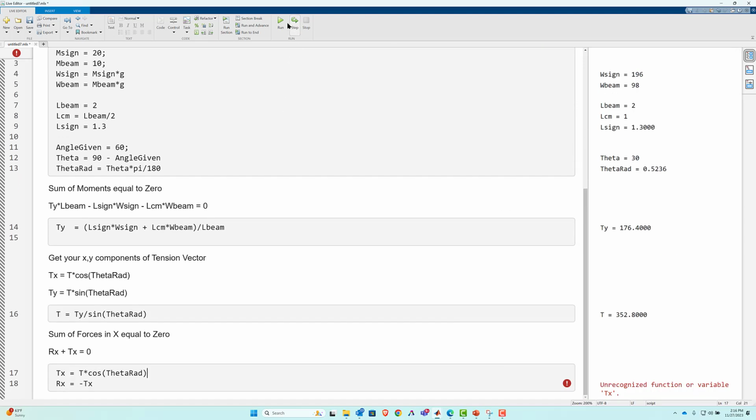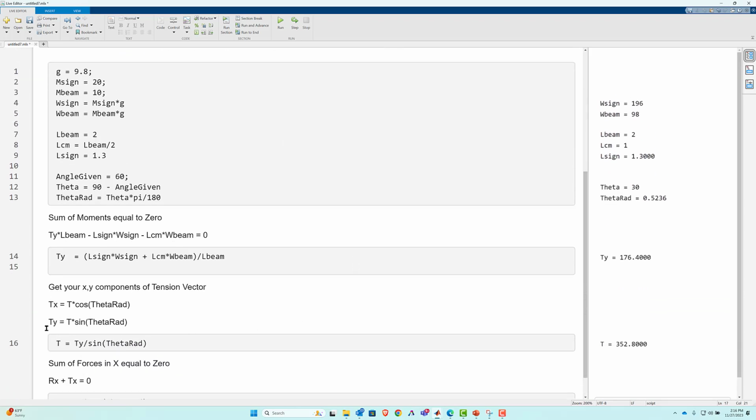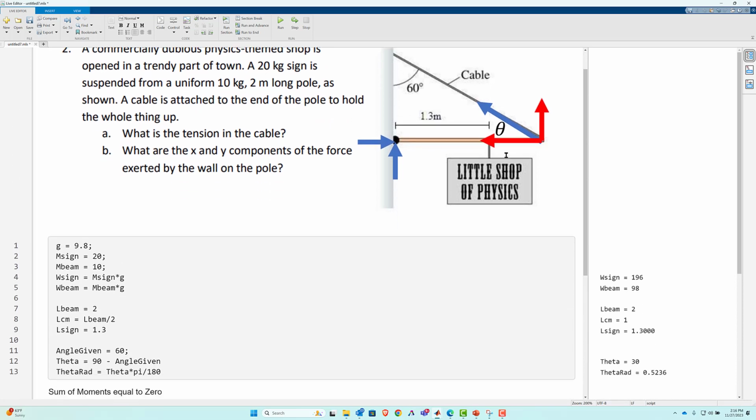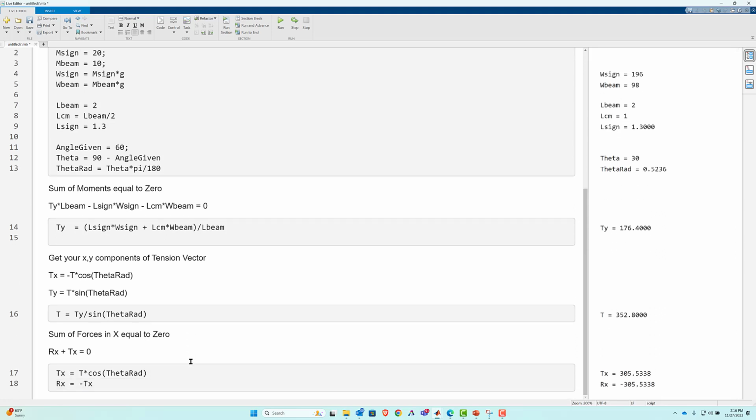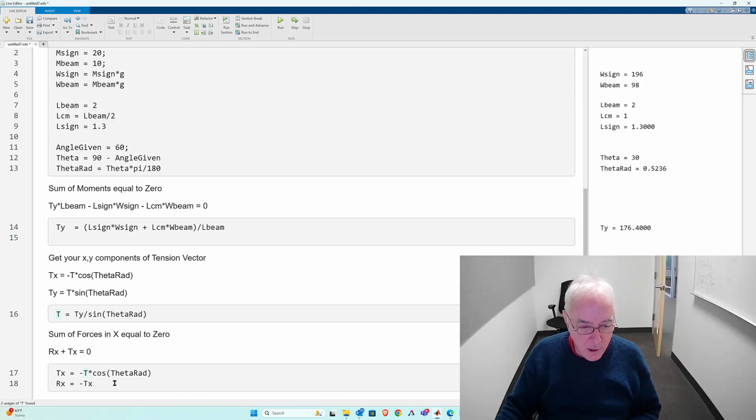Let's hit run again. I'd just say the appropriate correction is probably, again, looking at your picture, seeing it's been defined in a negative x direction. Maybe do it this way, so put the minus sign in right there. And that gives us Rx is positive 305. And so we're almost done with this.